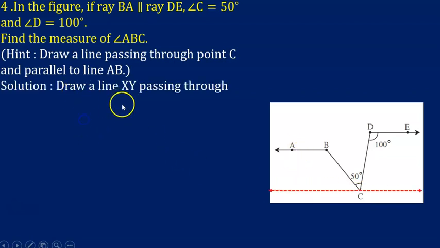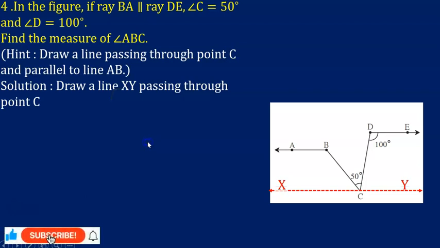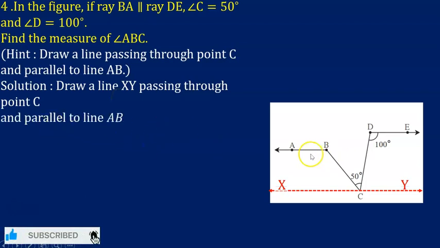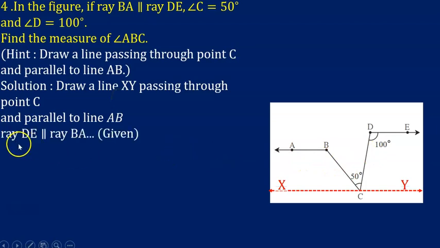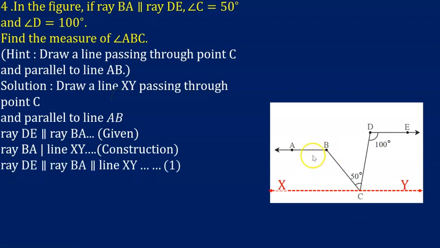Solution. Draw a line XY passing through point C and parallel to AB. Ray DE is parallel to ray BA. This is given. Ray BA and the line XY are parallel.